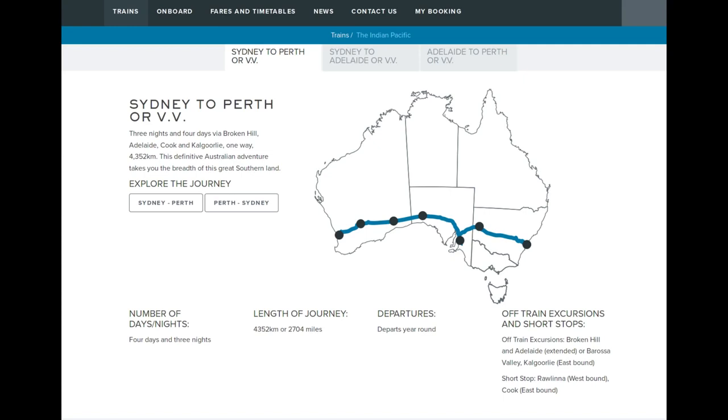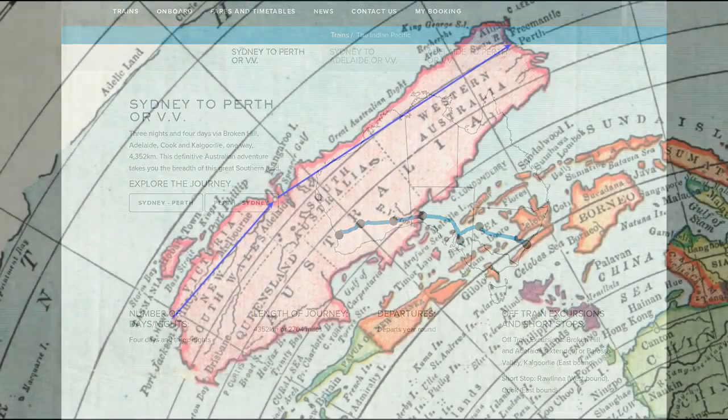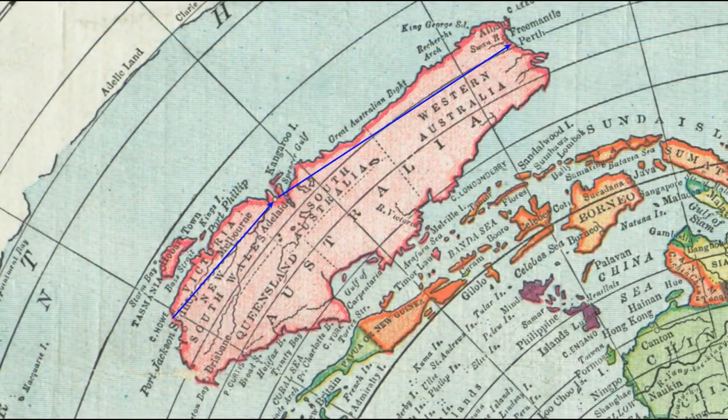And it follows Australia on the southern side from Sydney all the way to Perth. And this is the map they give us on their website. But what's interesting is if you look at it on the flat earth map, it's practically a straight line.